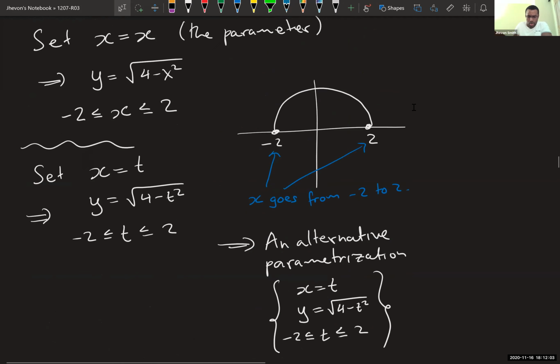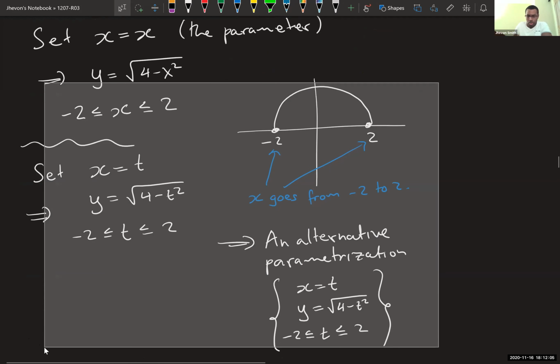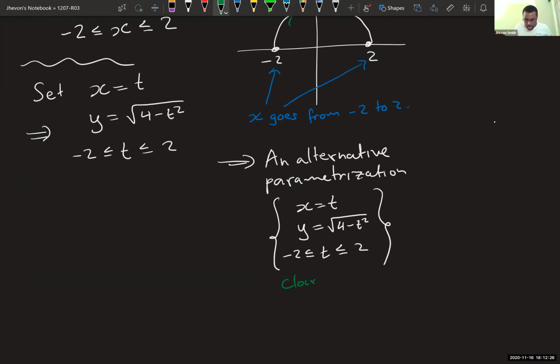We also saw that we could parameterize things in multiple ways, and so I parameterized the upper semicircle in 2 ways. There are an infinite number of ways to parameterize any given curve. In this example, you'll notice that the way I parameterized it, we actually go clockwise. Notice that this would go around clockwise.